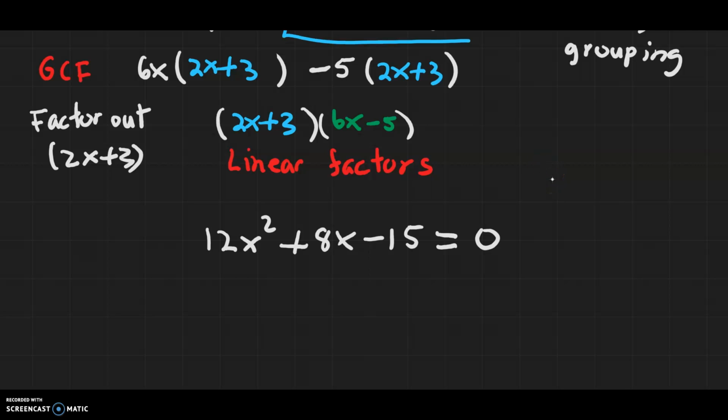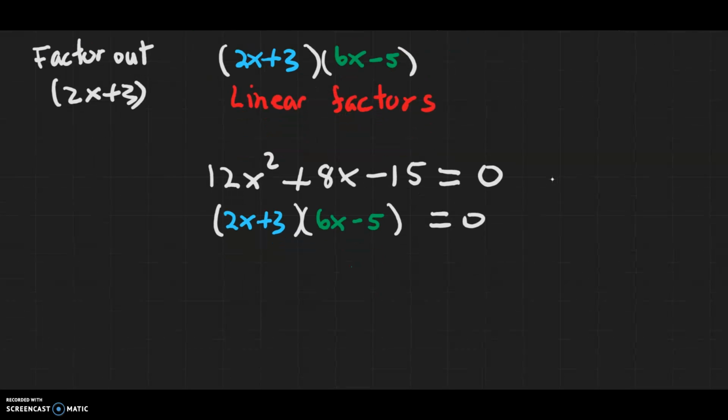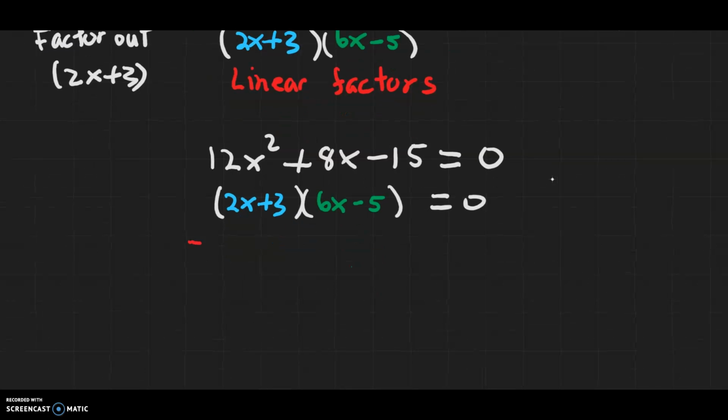Well, we've already obtained the linear factors, so we've already done all the work, or most of the work. And the linear factors were 2x plus 3 and 6x minus 5. So we do something now called the zero product property.